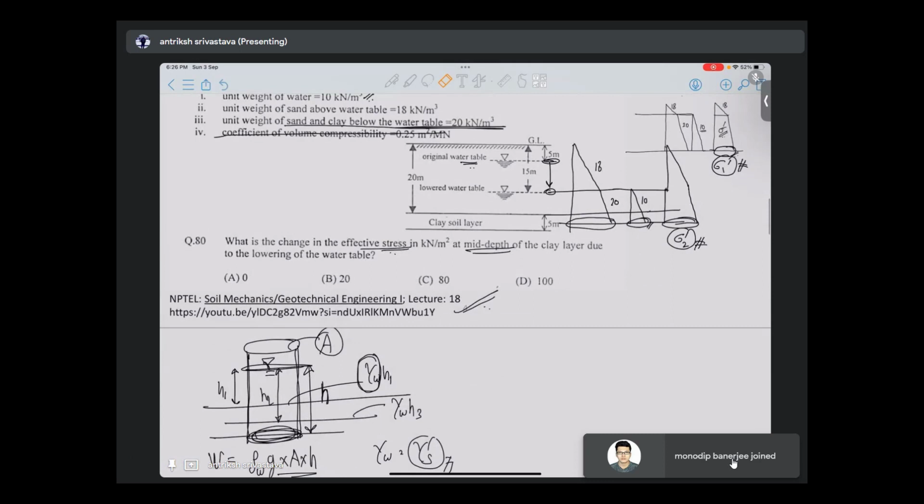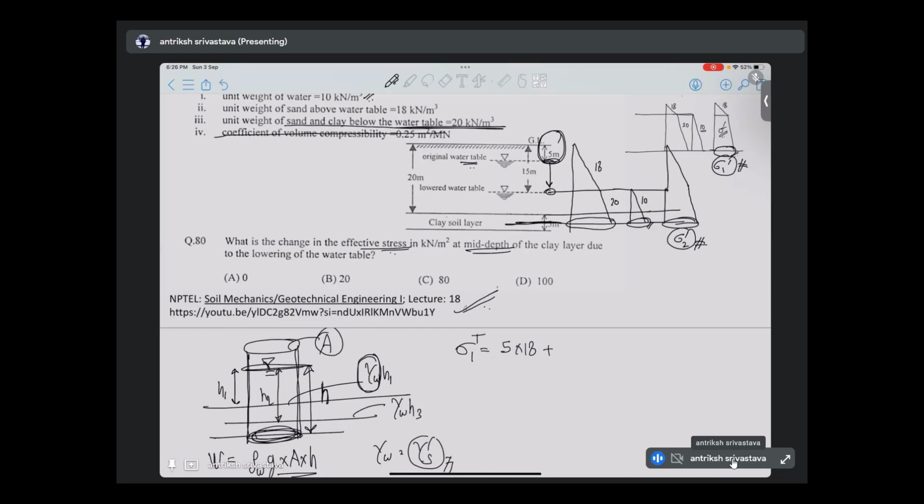Okay, so the first total stress, let me write it as sigma 1 T, is 5 into 18 plus, so this is the contribution from the soil above the water table. And from the middle of the clay layer to this location, how much depth do we have?